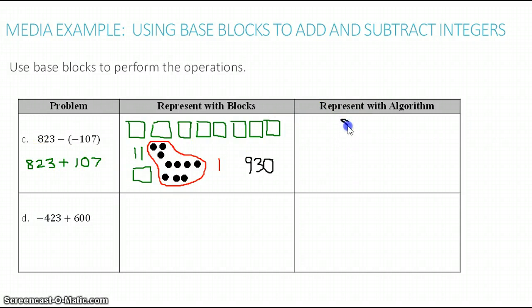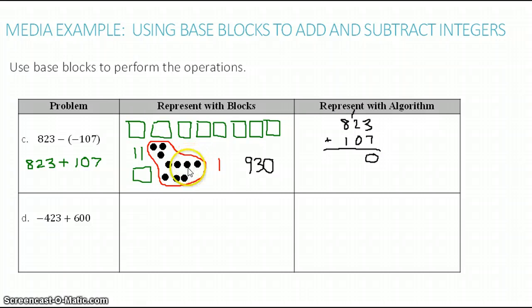Now let's use the algorithm to combine 823 plus 107. And let's try to connect this algorithm to our base block representation. First we'll add the ones place. 3 plus 7 is 10 ones, and you may remember we put a 0 here and we carry the 1.